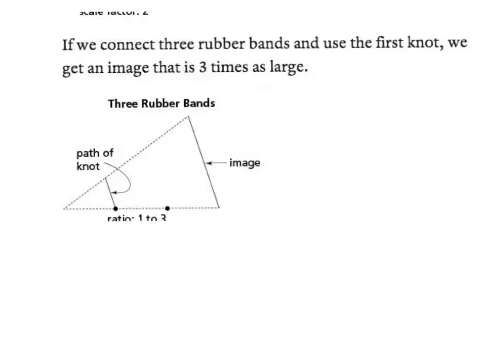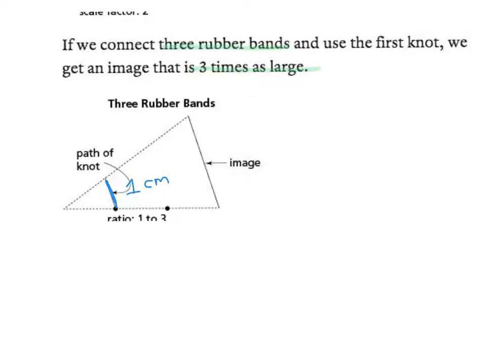Think about if we would have connected 3 rubber bands on the stretcher. And if we use the first knot, we would get an image that is 3 times as large. Okay, so for example, if we look here at the path of the knot, again in the triangle, let's say that that is 1 centimeter.